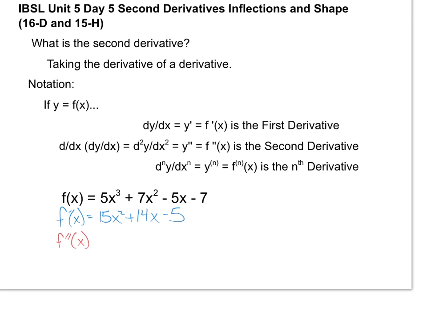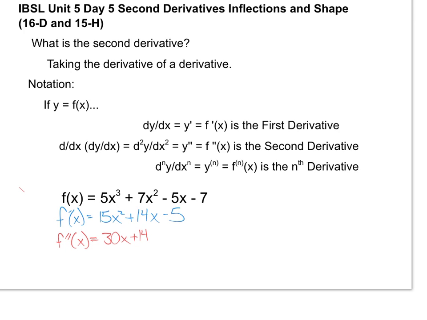And to take the second derivative, I'm just taking the derivative of 15x squared plus 14x minus 5. So now I have 30x plus 14. All the rules for taking the derivative are the same. Product rule, chain rule, quotient rule, all the other rules that we've learned, they're all the same. So we're not doing anything new, we're just now doing it twice.